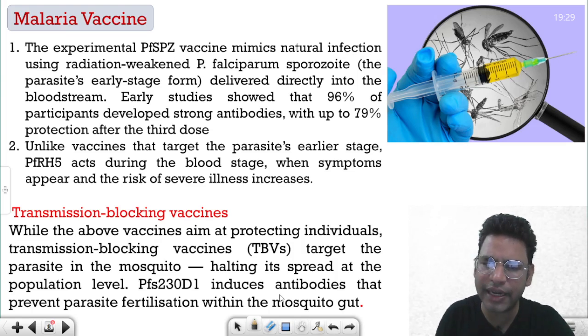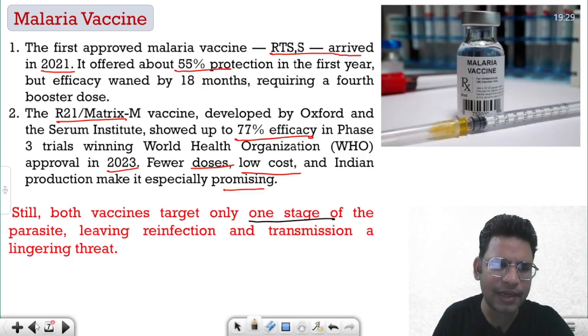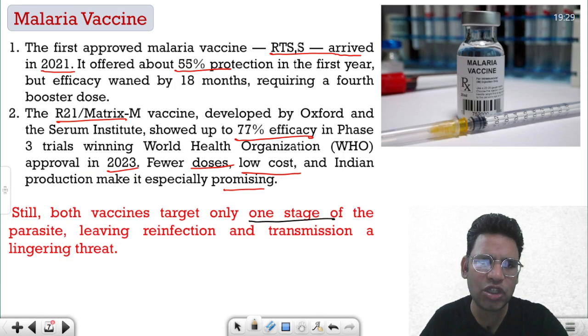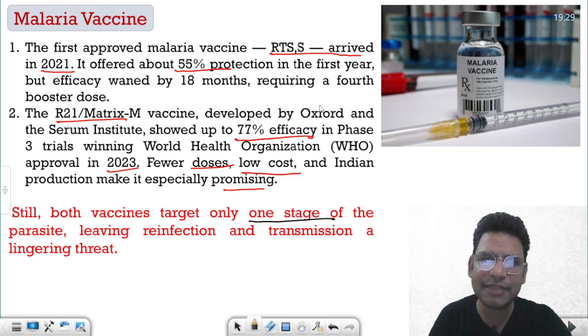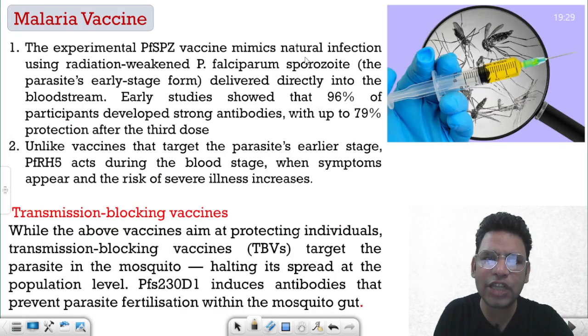These two vaccines, RTS,S and R21, target a single protein. They are not targeting the whole parasite, but the vaccine I am now going to talk about mimics natural infection.